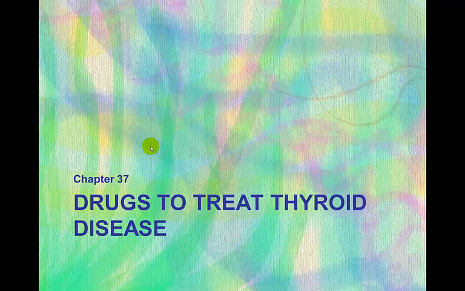So we're going to talk about the rest of the endocrine disorders and some of the medications to treat thyroid issues. Primarily we can have hypo or hyperthyroidism, and we have drugs that can simulate the thyroid hormones, and we have drugs that can destroy thyroid tissue to lower thyroid hormones.